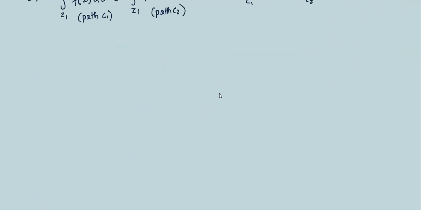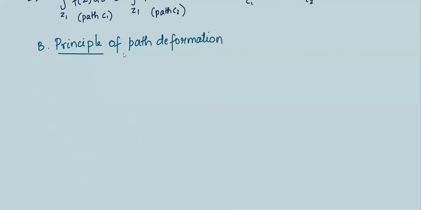So now there is a second extension of this, the second important corollary. This is the principle of path deformation. Let's say there is Z1 to Z2 and I need to find an integral.